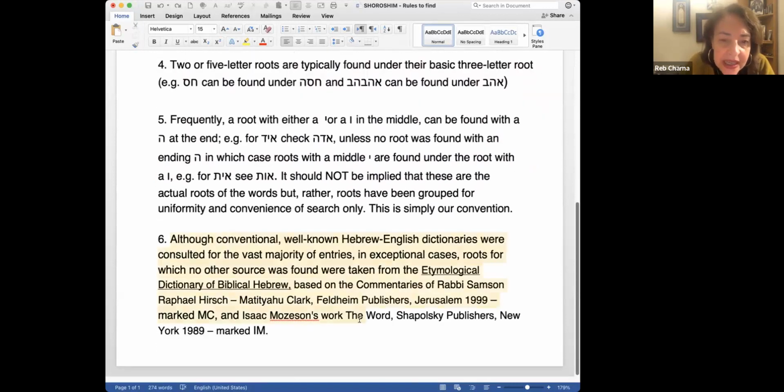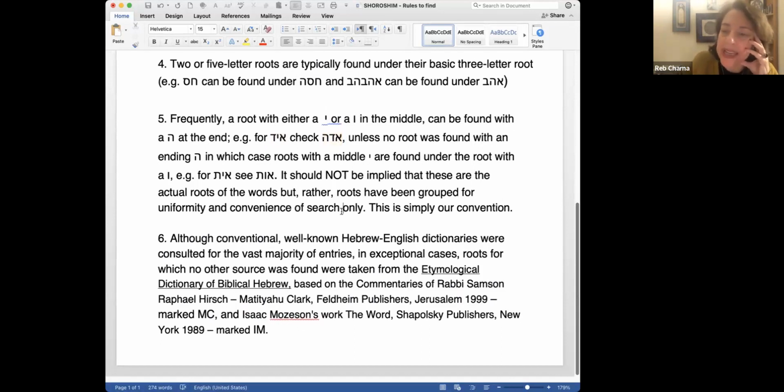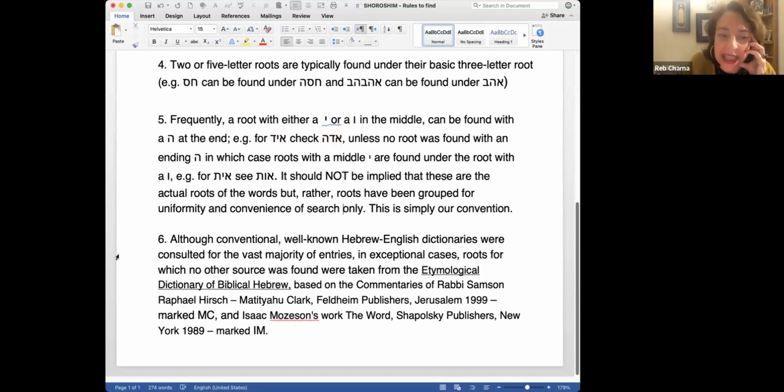You can see frequently a root with either a yud or vav in the middle can be found with a hey at the end. For example, here with the yud in the middle, this is actually the root. I know this is very confusing until you actually get in it, but I want you to have this as a general guideline.